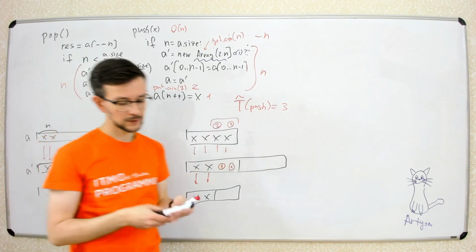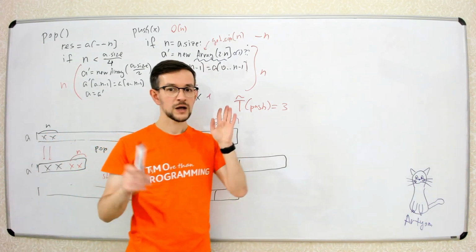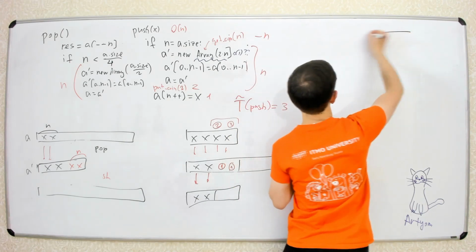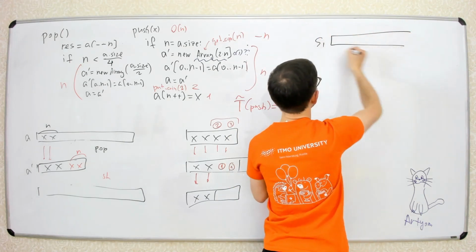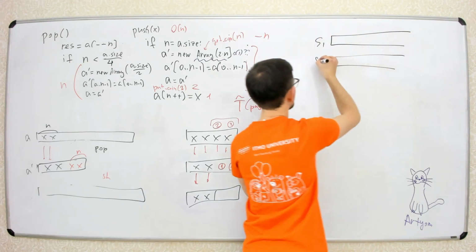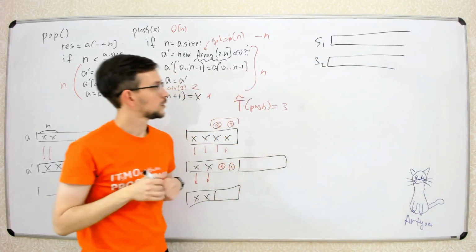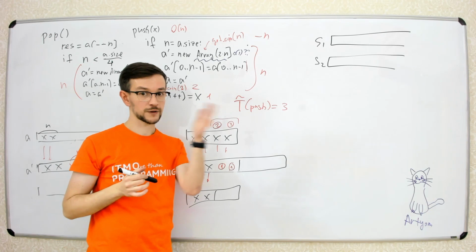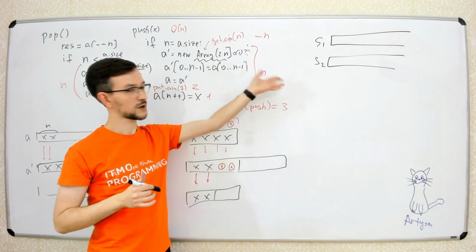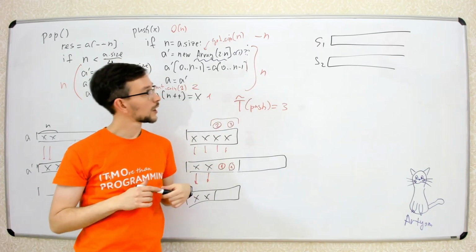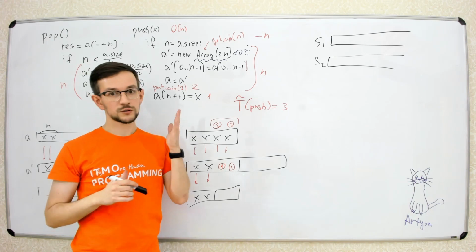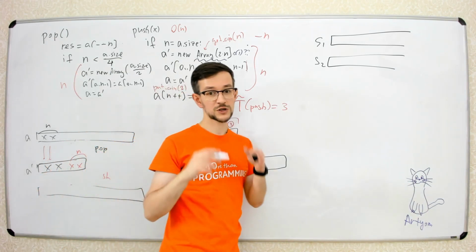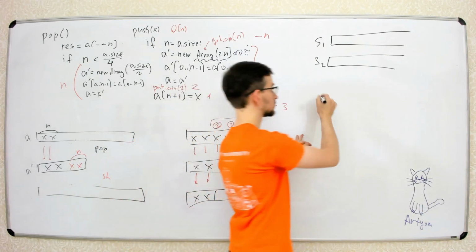Final thing. Imagine you have 2 stacks, stack 1 and stack 2. You just bought them on some sale on AliExpress, something like that. So you just have them. But you need a queue for your algorithm, so you somehow need to implement a queue.